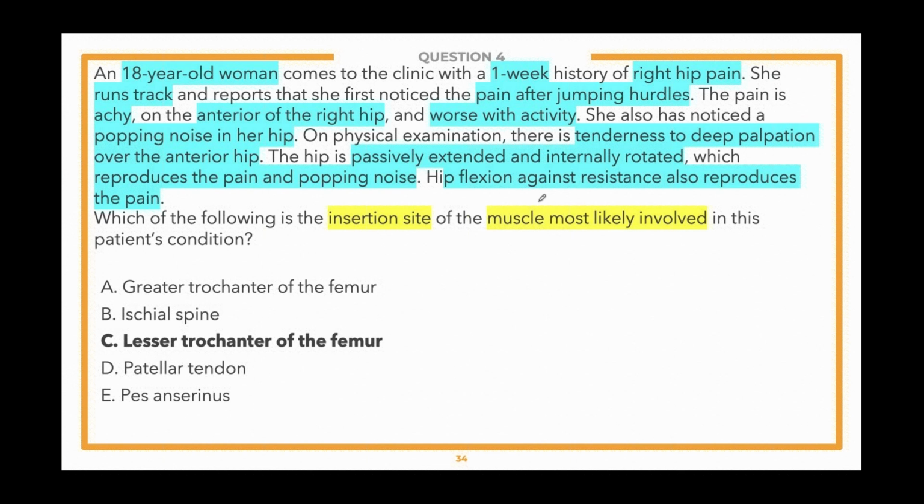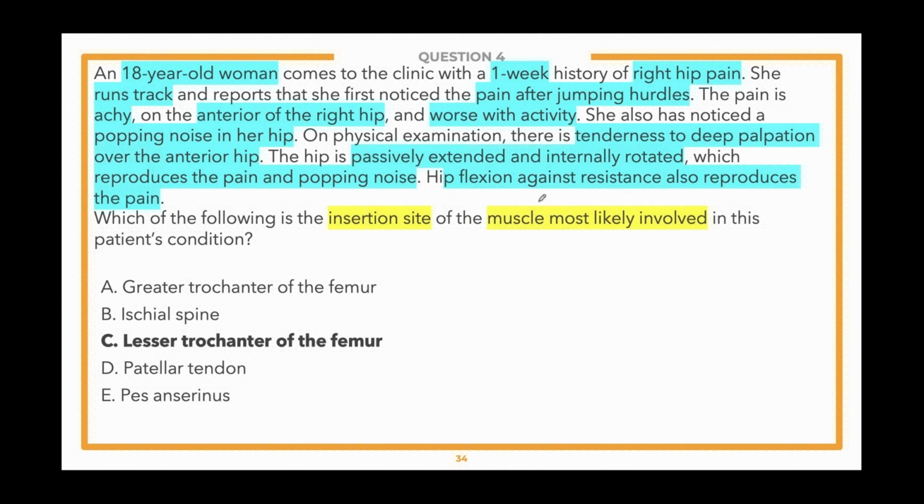So this patient is a track runner who does hurdles, okay? And one of the common things that you can see in these patients is iliopsoas tendinopathy, where the iliopsoas tendon is inflamed because of overuse. How that presents usually is an achy pain in the front of the hip that worsens.